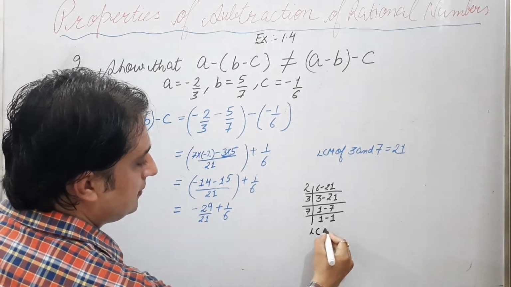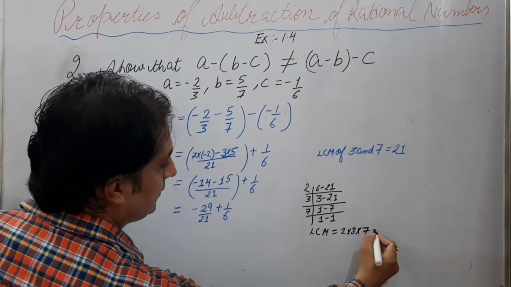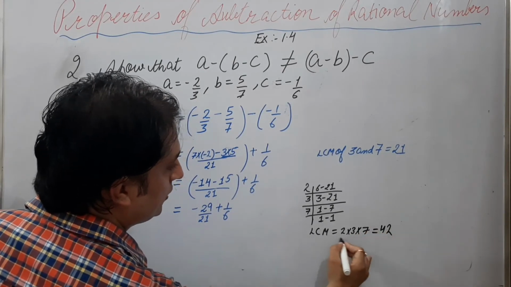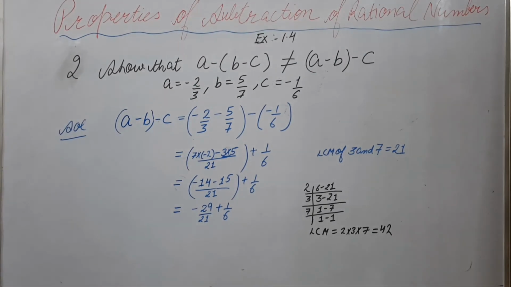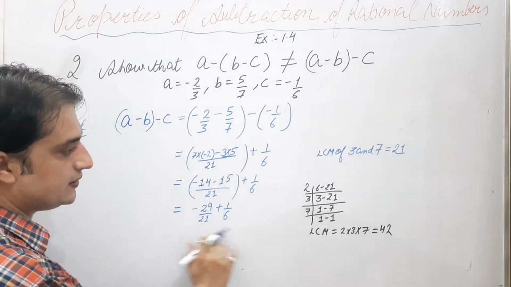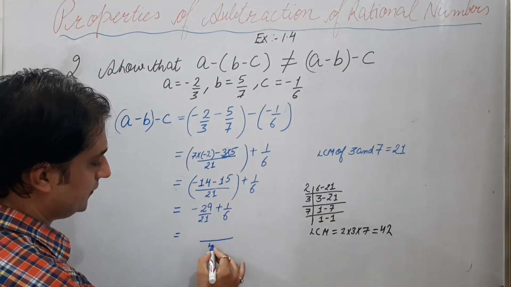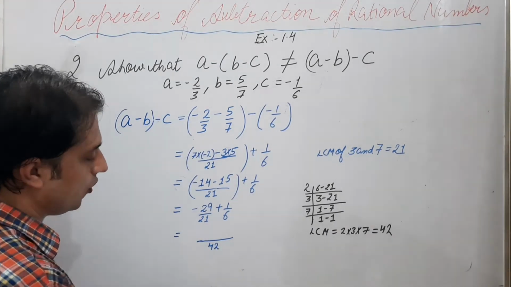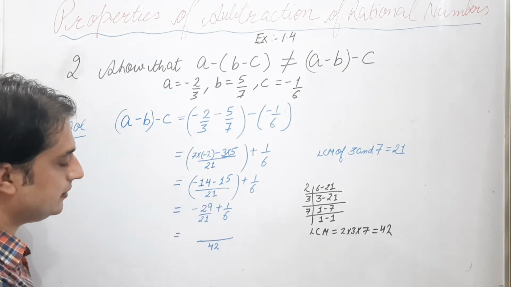So the LCM is again 2 multiply 3 multiply 7. That is equal to 42. 2 3s are 6, 6 7s are 42. So LCM of the denominators of the two rational numbers is 42. Write 42 as the common denominator of these two rational numbers.